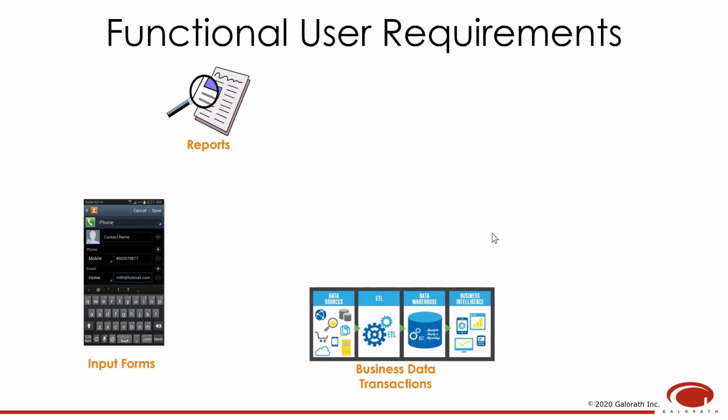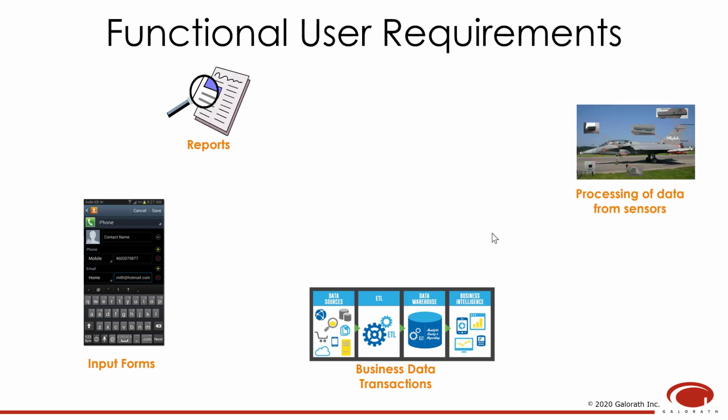Business transactions, such as those found in data warehouse and business intelligence systems. Processing of data from sensors, like we find in aircrafts and cars. And any type of processing that involves mathematical and logical operations. These are all examples of functional user requirements that can be measured with function points.